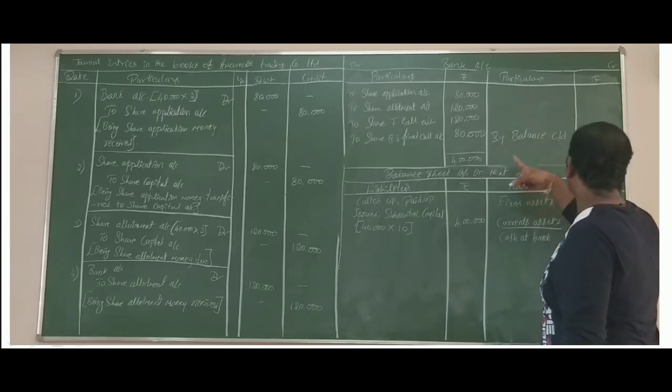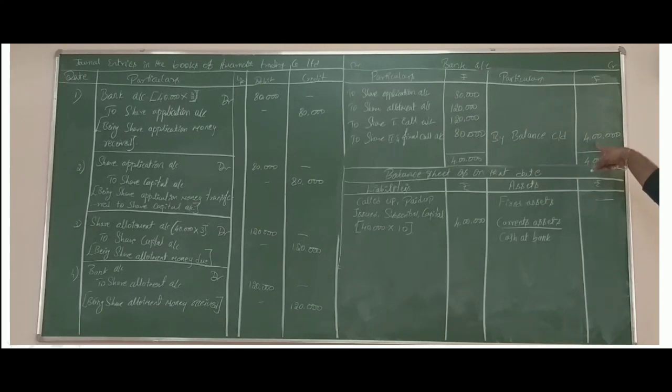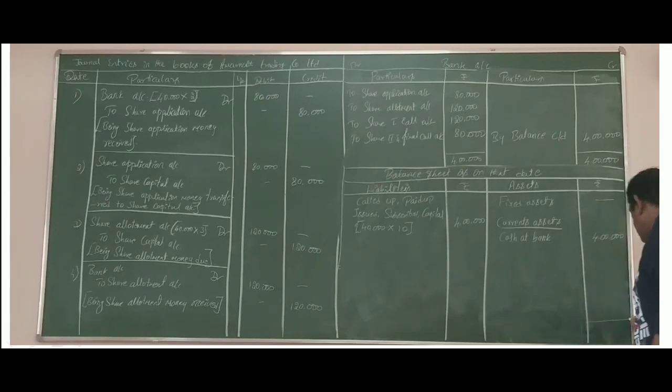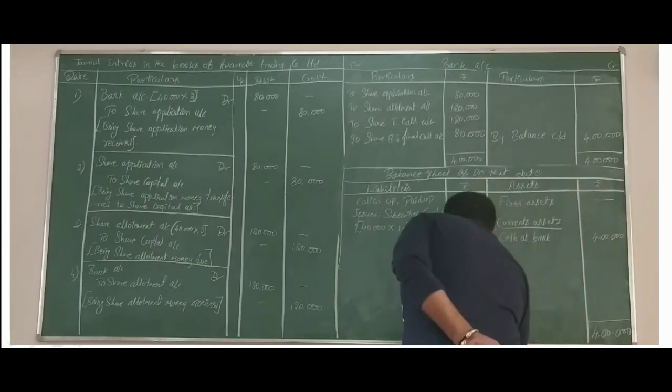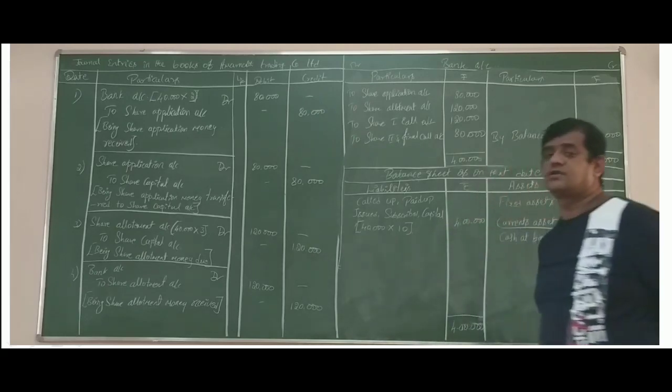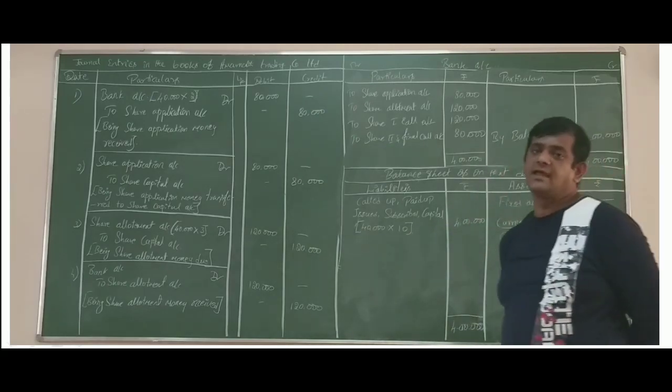So how much cash at bank do I have? The balance carried down figure, 4 lakh rupees. Cash at bank is 4 lakh. So both sides total 4 lakh and 4 lakh. So the balance sheet has been tallied.